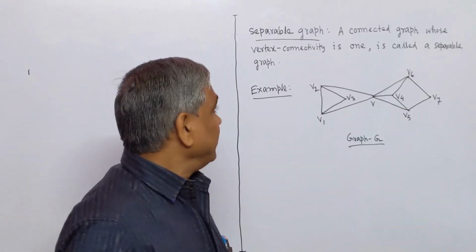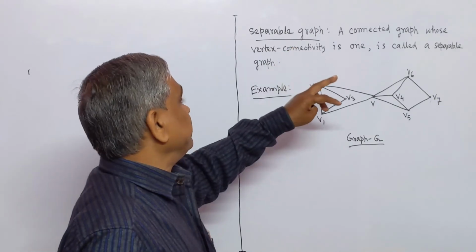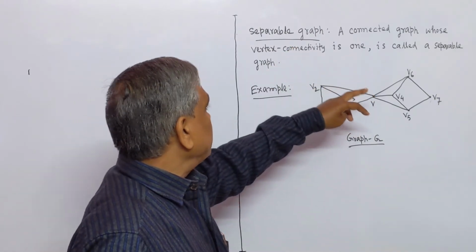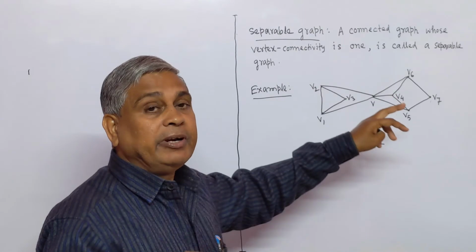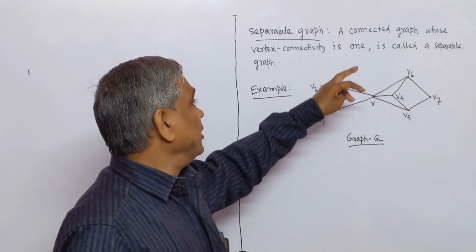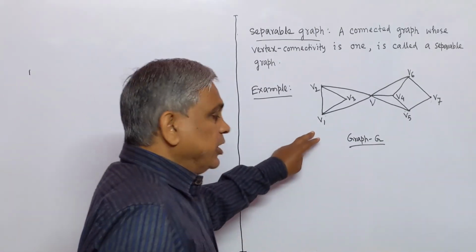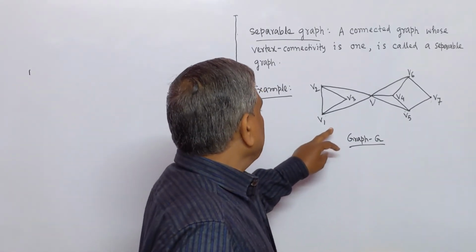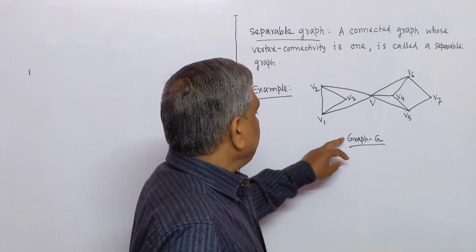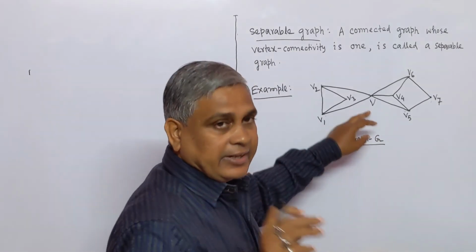Now we define separable graph. A connected graph whose vertex connectivity is 1 is called a separable graph. Now we give an example. Here we have a graph G. This is a connected graph.